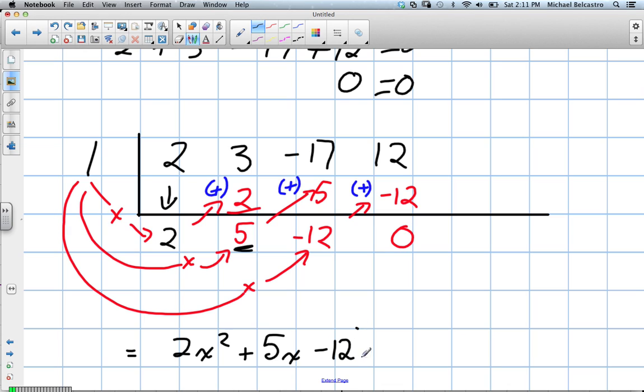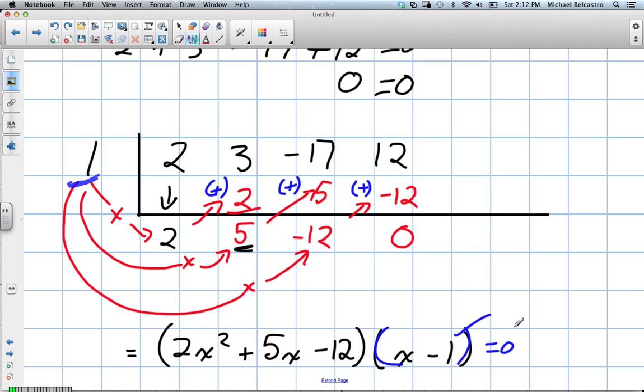Is that it? No, there should be another bracket because we factored something out: x minus 1. Because we used the value 1, we need a bracket that creates a 1 when x minus 1 equals 0. When you bring the 1 over, it becomes positive 1. So that's when x would be 1.